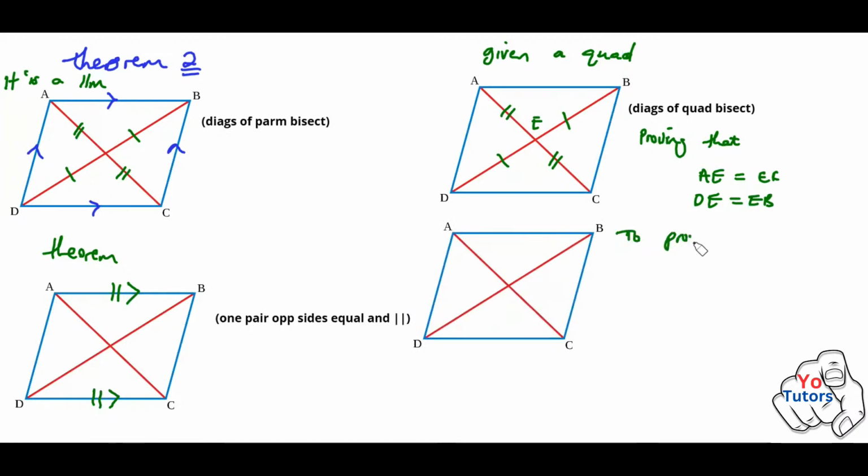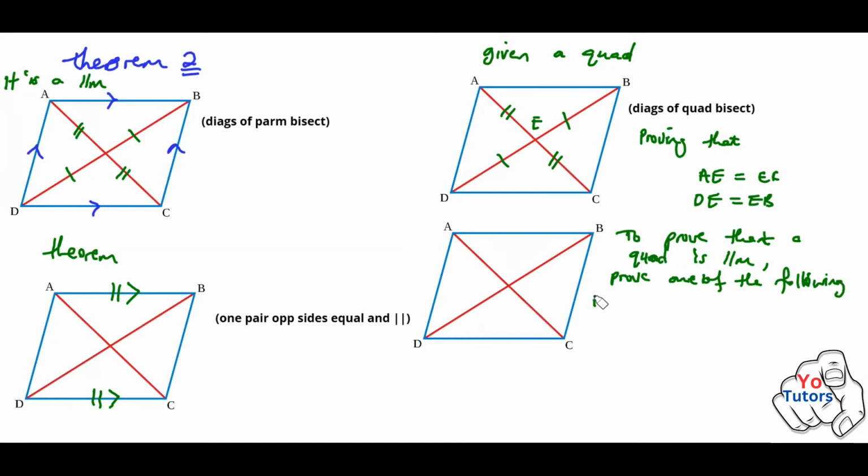To prove that a quadrilateral is a parallelogram, you must prove one of the following.